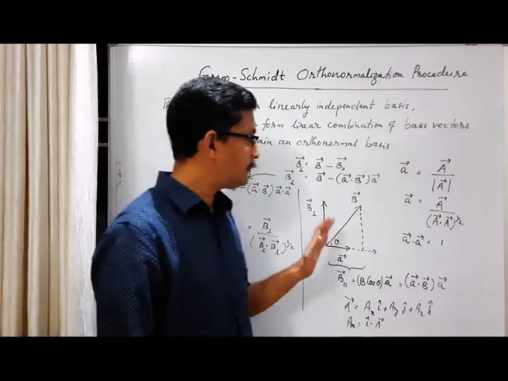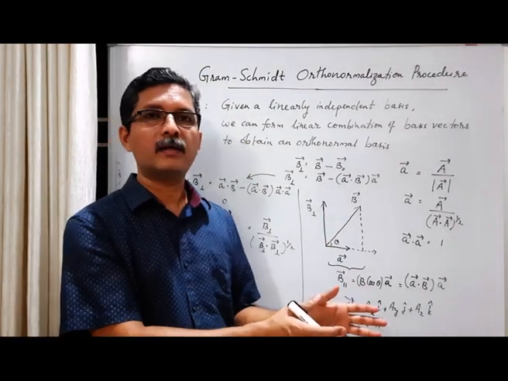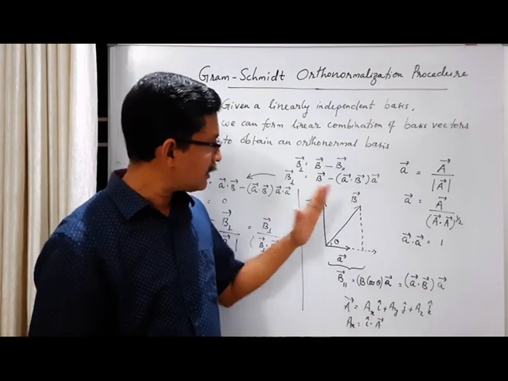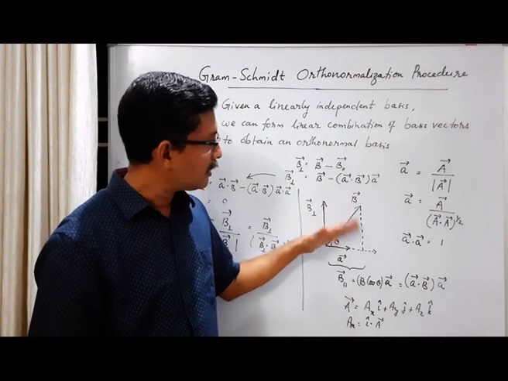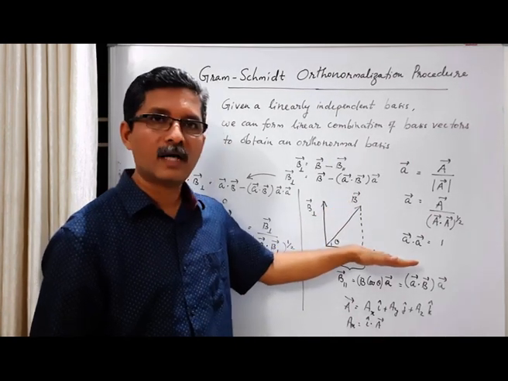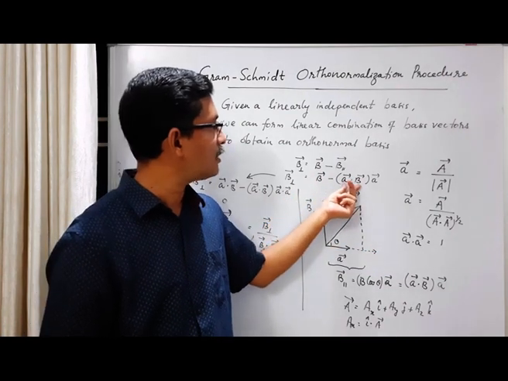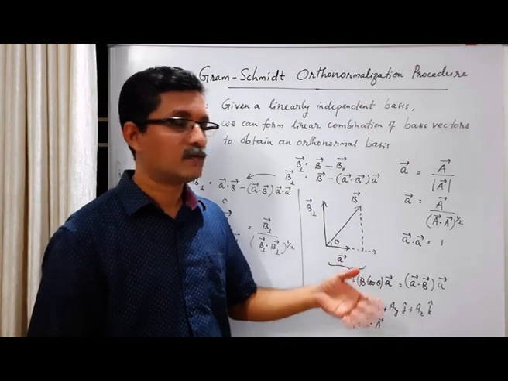Okay, it's very clear. So if we have two vectors, take the first vector and normalize it. So we get the normalized vector. Then take the second vector, subtract from this vector the component which is along the direction of the first vector. Then what is remaining? B minus the component along the direction of the first vector. How do you find the component along the direction of the first vector?